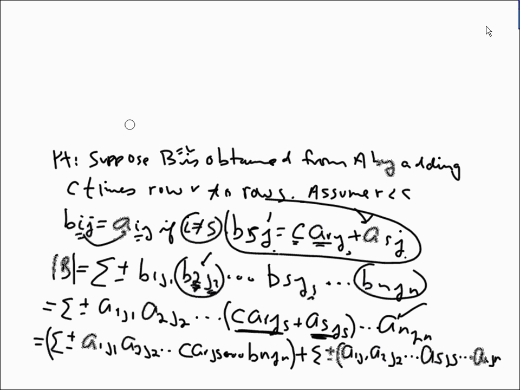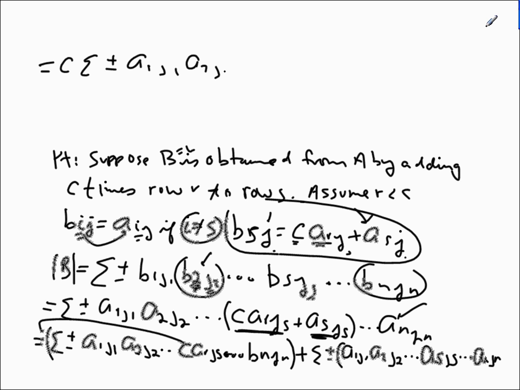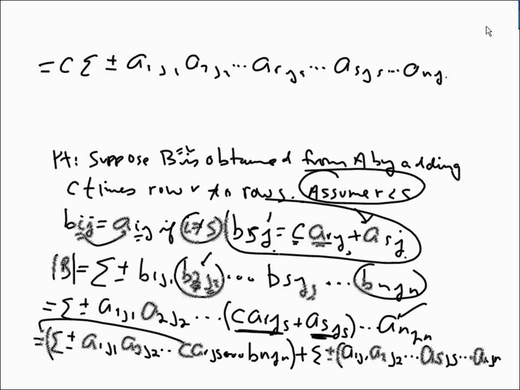Now, in this first sum, I can pull the C in front. So I get C times the summation plus minus of A1J1, A2J2. Now, remember, somewhere I said R is less than S. All the way up to ARJS, all the way up to ASJS, all the way up to ANJN.